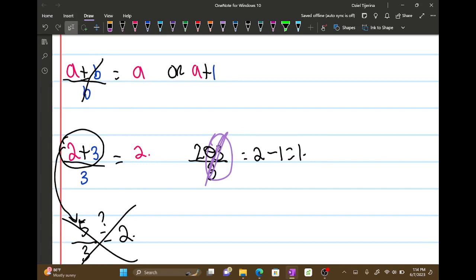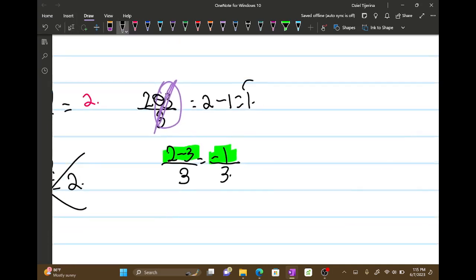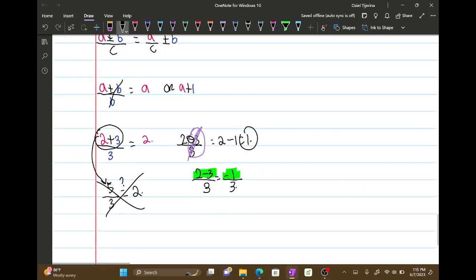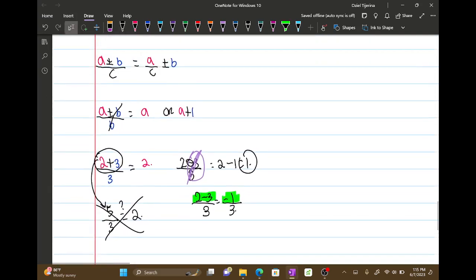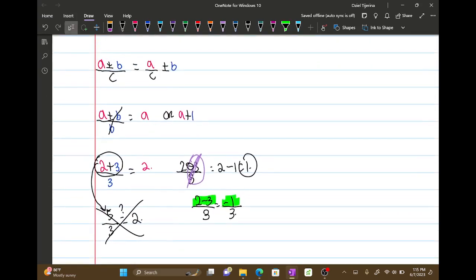No. 2 minus 3 over 3 is negative 1 on top, because negative 1, that's what goes on top. And on the bottom, it's just 3, so it's negative 1/3. This is not equal to 1. We have to be careful, okay? Yeah, that's the idea.